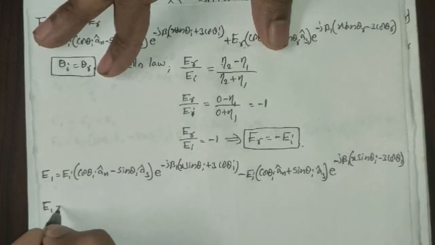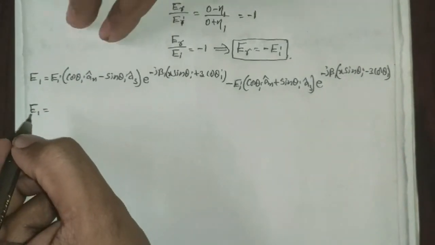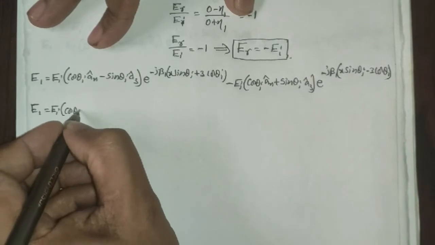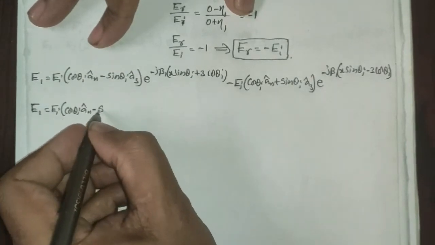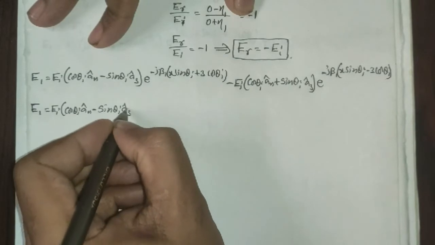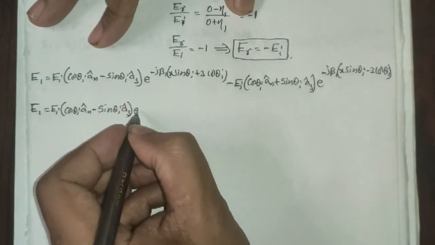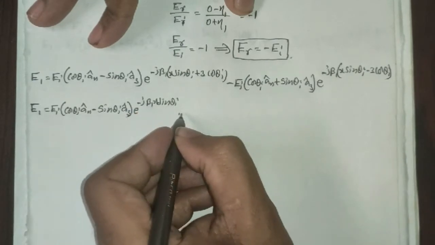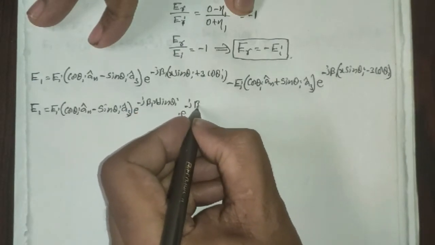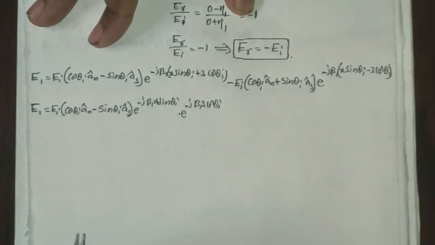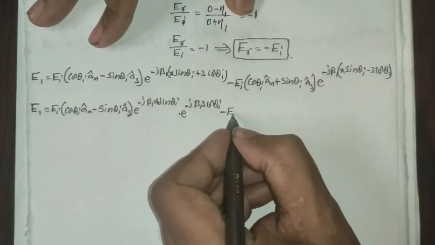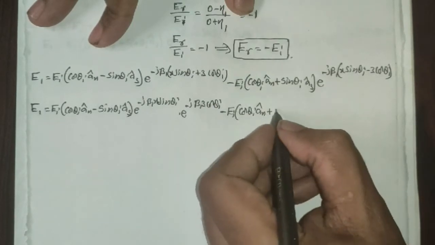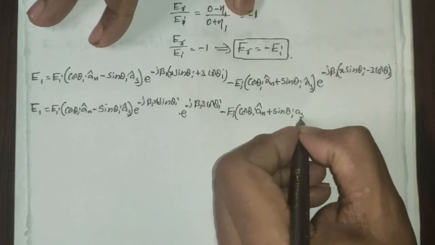So the total electric field equals EI into cos theta I into AX cap minus sin theta I into AZ cap into, so this can be resolved into two parts, that is e to the power of minus j beta 1x sin theta I into e to the power of minus j beta 1z cos theta I, minus EI into cos theta I into AX cap plus sin theta I into AZ cap.